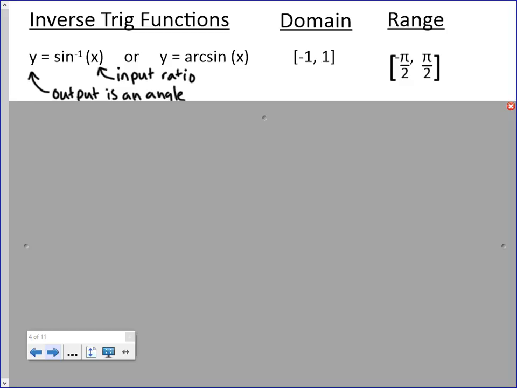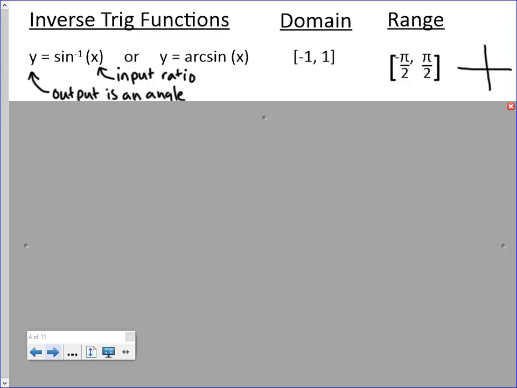Now, something that I think is really helpful when I'm trying to do inverse trig functions without a calculator is I think about that range where I can answer visually. So think about a coordinate plane. Think about angles in standard position, so you have initial side on the positive x-axis.